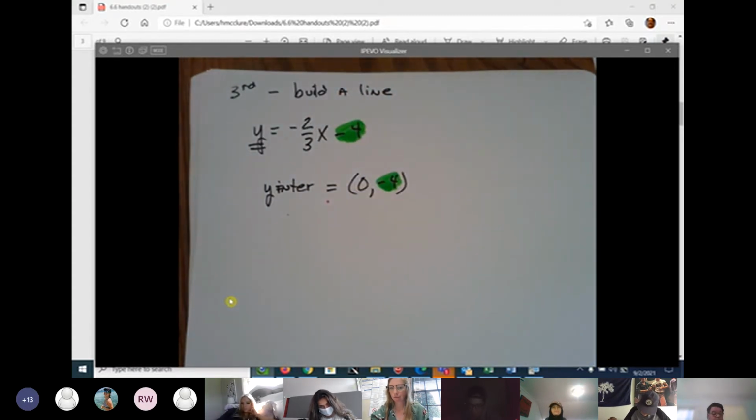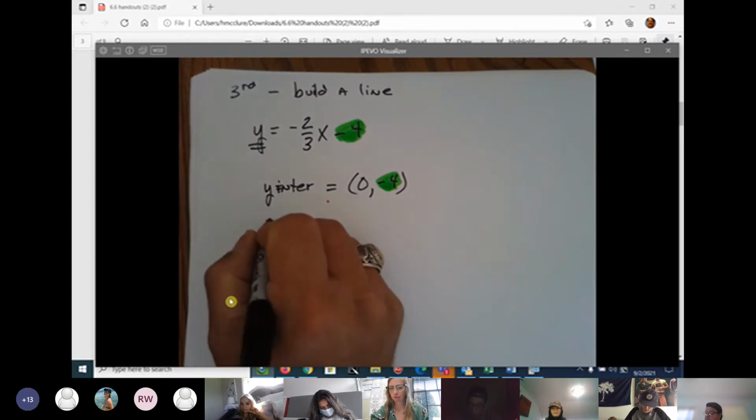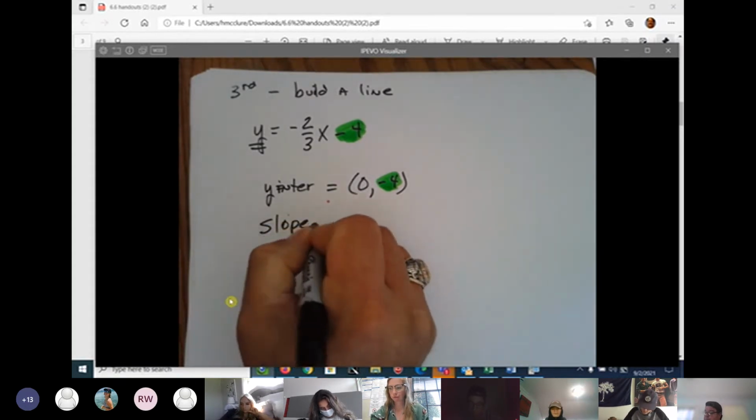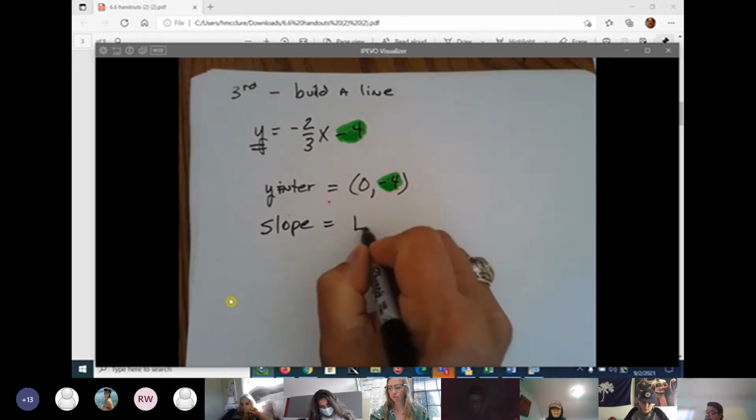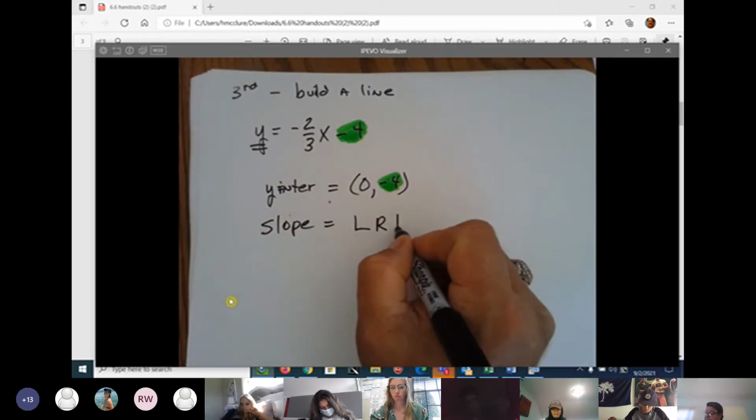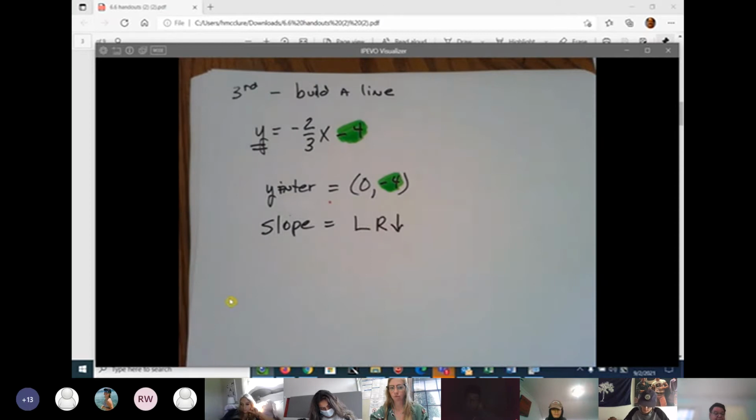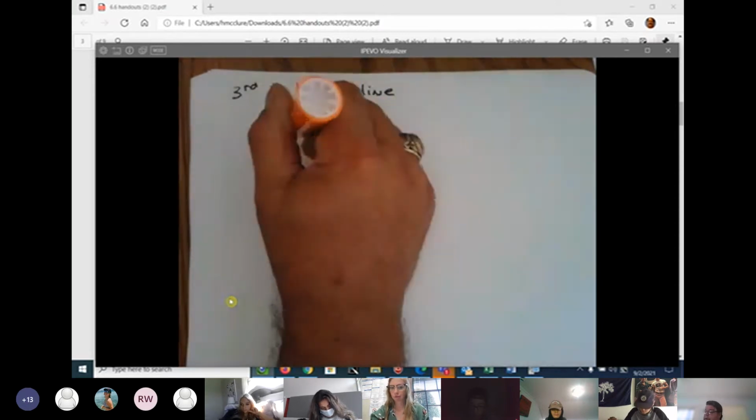And the direction of your line, the slope, is left to right down. We got that from here.